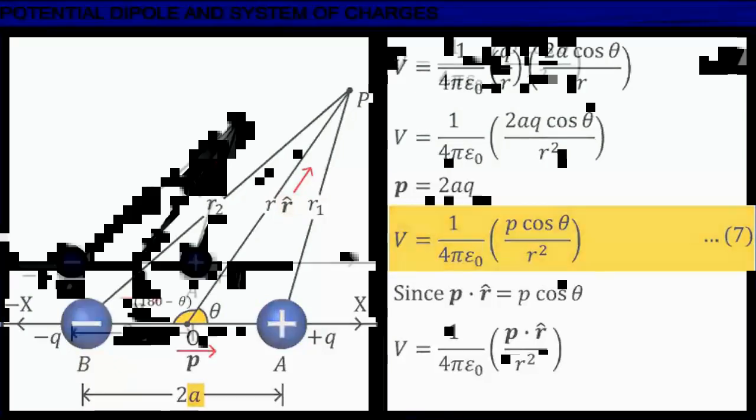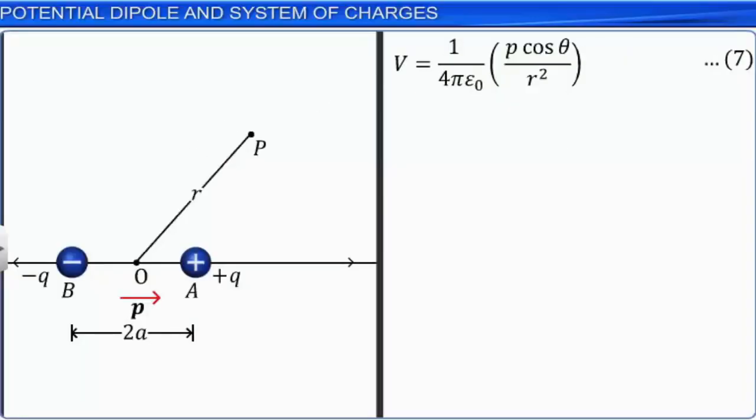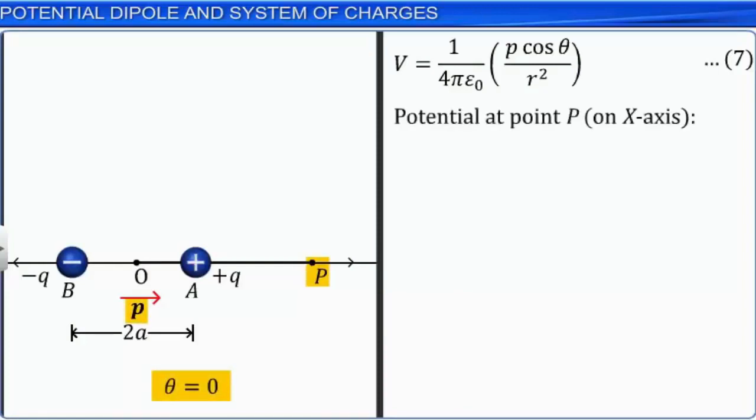If we consider point P on the positive x-axis, then the angle between the position vector of point P and the dipole moment of the dipole is 0. Then the potential at P due to the dipole V is equal to 1 by 4 pi epsilon naught into P by R square, as cos 0 degrees is equal to 1.